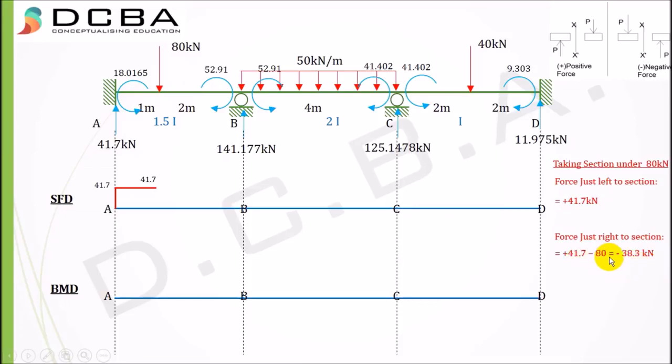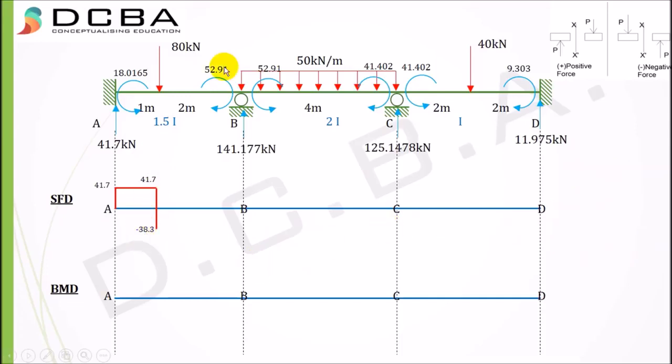When we solve this equation we get minus 38.3. So our shear force is minus 38.3 and we plot it here. So it goes down. The upward part, the part above this line, is positive and the downward part is negative. So we plot minus 38.3.